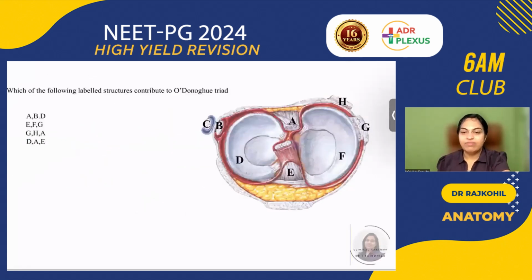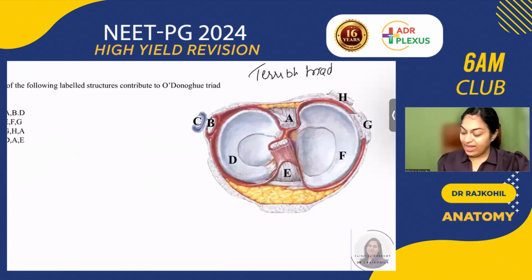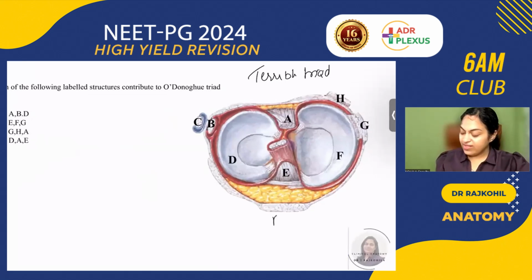Which of the following labeled structures contribute to O'Donoghue's triad, which is also called the terrible triad of the knee? You can help me identify. So this is anterior, this is posterior. How to identify medial and lateral? The lateral meniscus is small and circular.